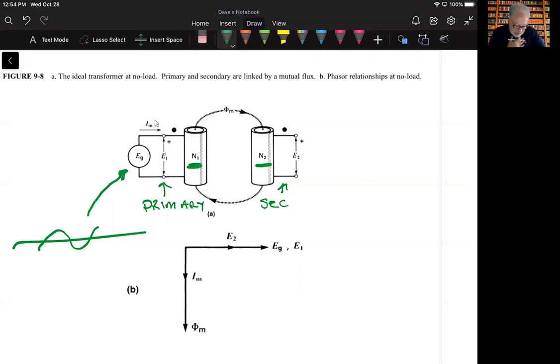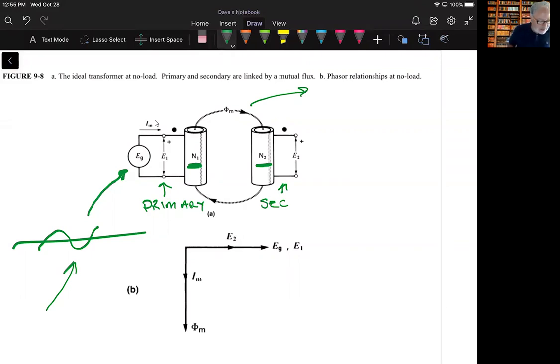This flux will vary based on the sinusoidal input that we have. And so according to equation 9.1, there's the peak flux value.